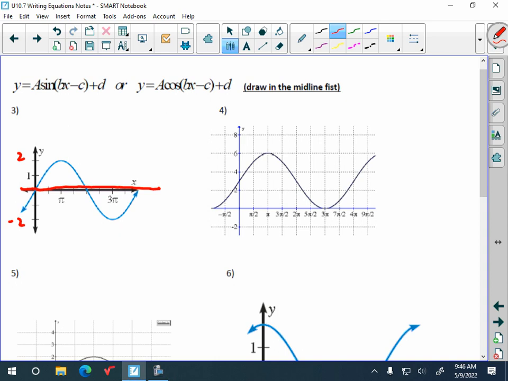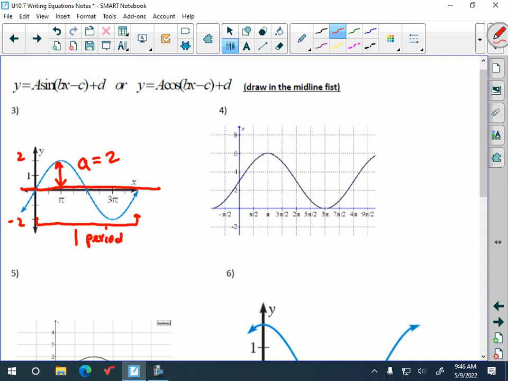The a value is the highest point from the midline, the distance, right? So we can see this distance right here. That's a, which is 2. All right, and so we have our amplitude, it's 2. We want to know what 1 period is. So if we trace out 1 cycle of the graph, this right here is 1 period. That's 1 cycle.